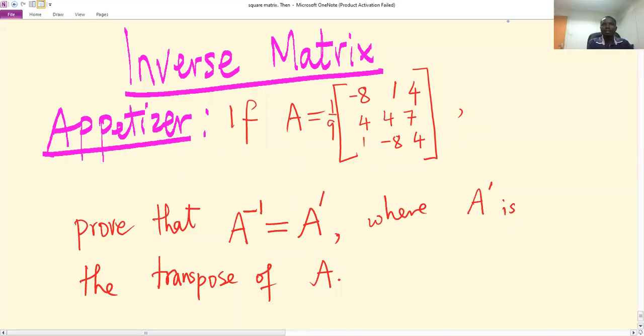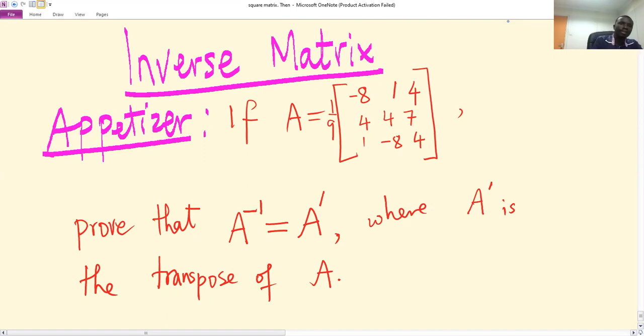Welcome to this class. In this session, we are going to see how to prove that two matrices are inverses of each other. The problem is, we have a matrix A given by 1/9 times the matrix with rows -8, 1, 4; 4, 4, 7; 1, -8, 4.